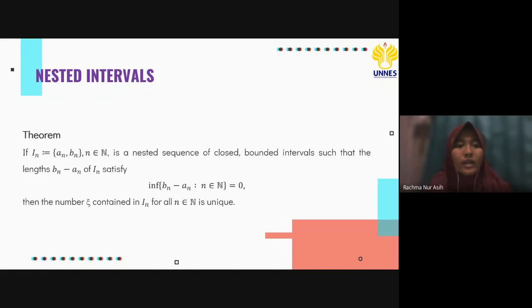If In, defined as the closed interval from An to Bn, n in the natural numbers, is a nested sequence of closed bounded intervals such that the lengths Bn minus An of In satisfy the infimum of Bn minus An, n in the natural numbers, equals 0, then the number C contained in In for all n in the natural numbers is unique.